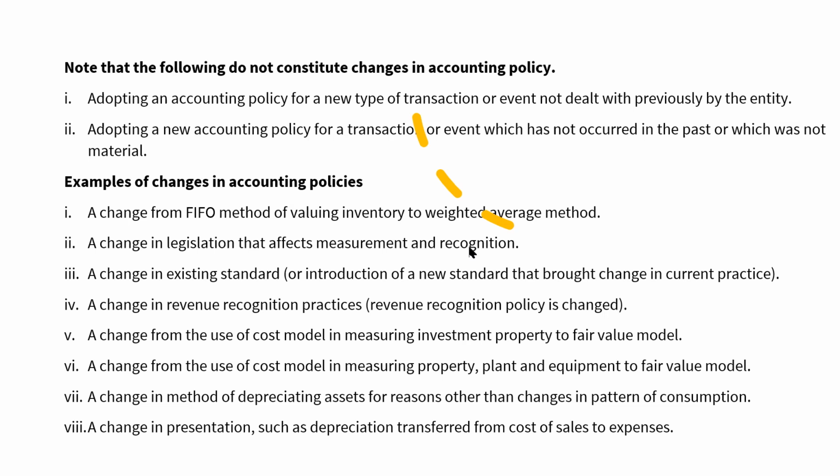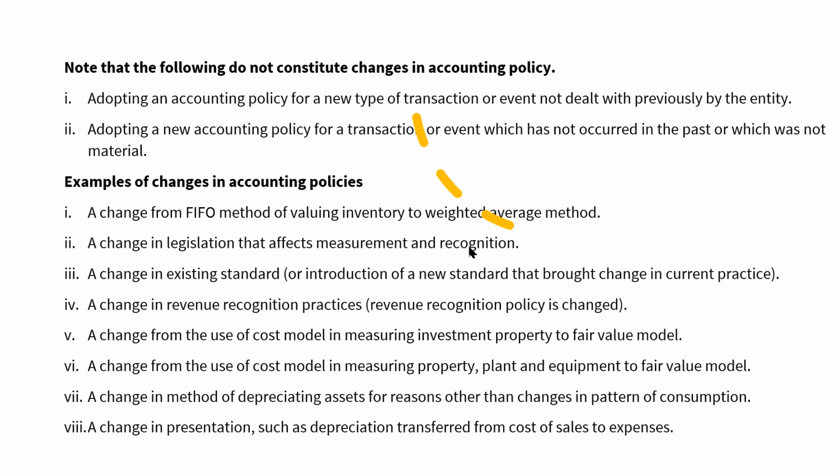A change from the use of cost model in measuring investment property to fair value model is a change in accounting policy. The same thing applies to depreciation. If we are using the straight line method, and for one reason or the other we change to reducing balance method, that is a very good example of a change in accounting policy.